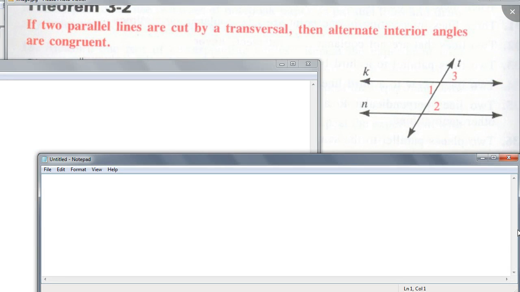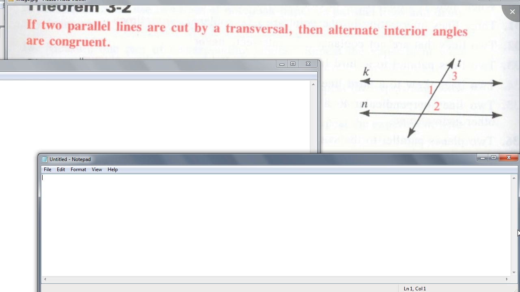So let's take a look at this. Who could tell me what the given part of this proof might be? What's given to you? Good. K and N are parallel. Are there any other things that are sort of given?